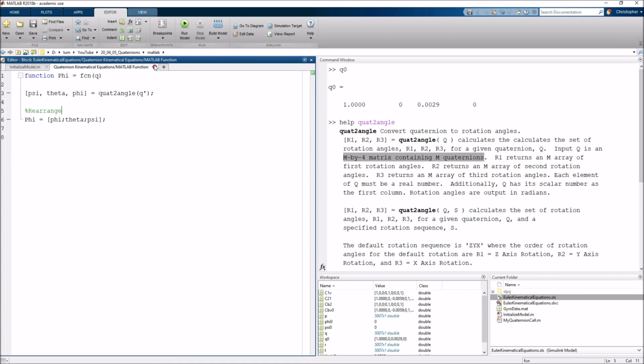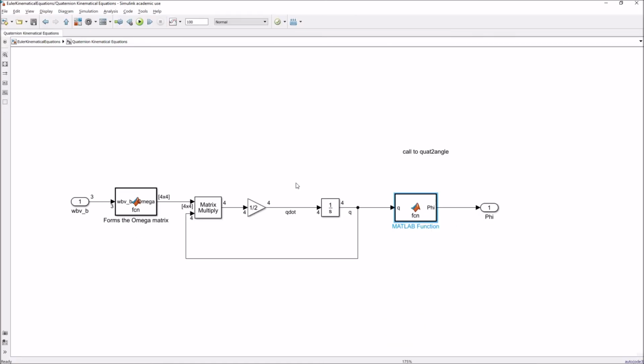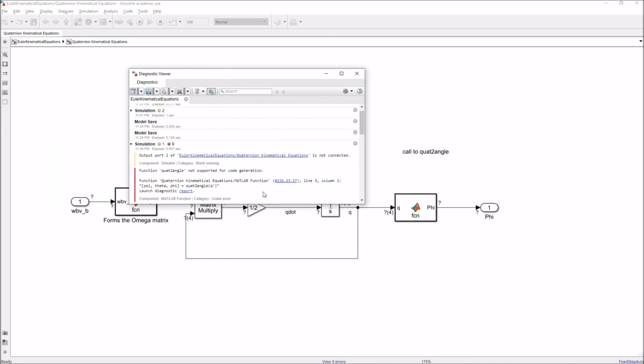Okay. And now if we come back to the Simulink model over here, I can try to run this, but it's not going to like it. So I hit run and it chokes. And it chokes right here because, as of MATLAB, I think I'm running 2018b, functions like quat-to-angle are not supported for code generation. What happens with these MATLAB function blocks is when you hit run in Simulink, it actually tries to auto-code it a little bit and compile that out, so it needs to interpret the contents.